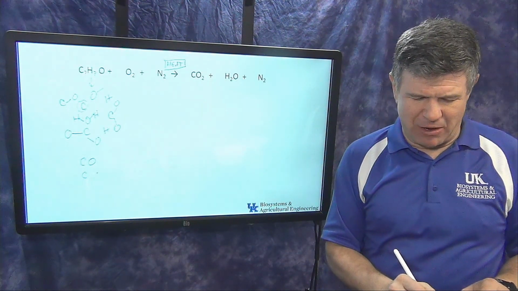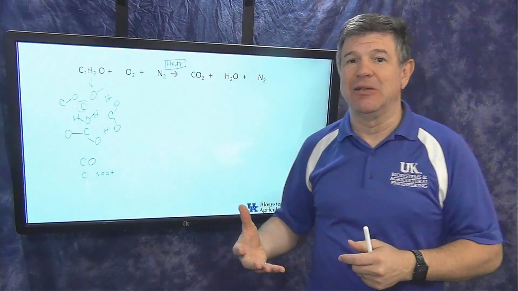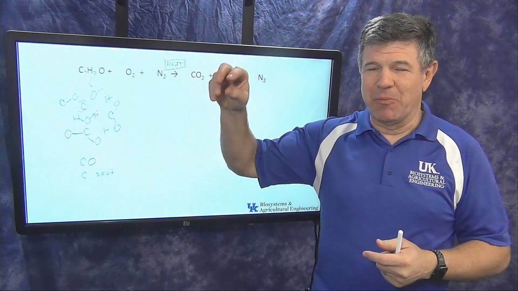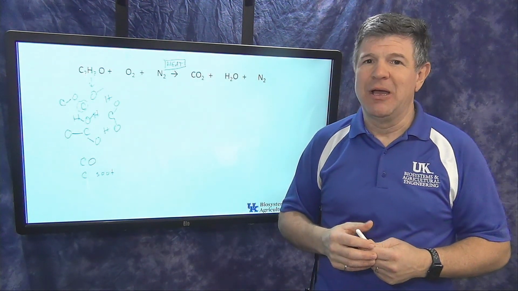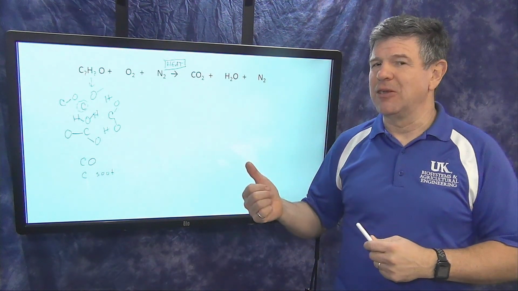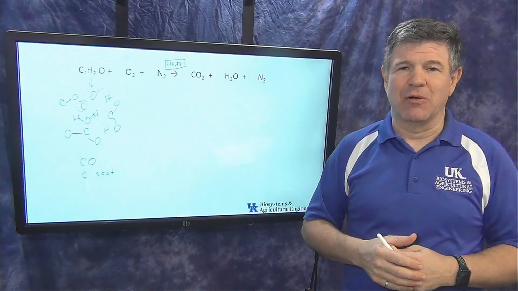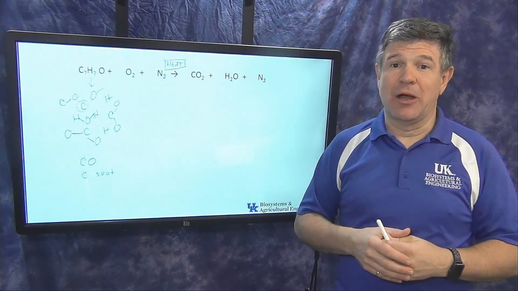That's particulate matter. So this is what we call soot. All right, so that black coating on the inside of an exhaust pipe, or the black kind of smoke that comes out of an exhaust sometimes when it's not running well, that could be just free carbon. So that's not good either. We don't want free carbon floating around. We really want that combined into carbon dioxide.